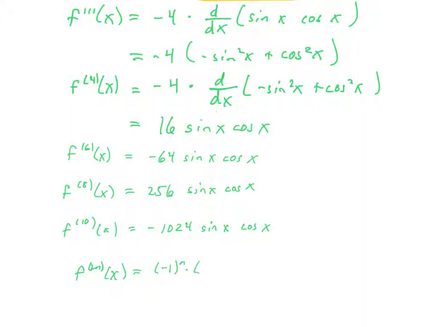It would have been negative 1 to the nth power times 2 to the 2nth power, and then times sine x cosine x. And really what I'm trying to show you here that's pretty cool with these higher order derivatives is a lot of the time with higher order derivatives you end up with some pretty cool sequences that arise, and so you tie in another area of mathematics altogether there, right?